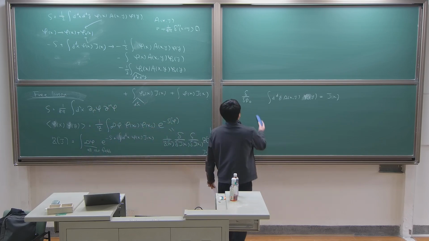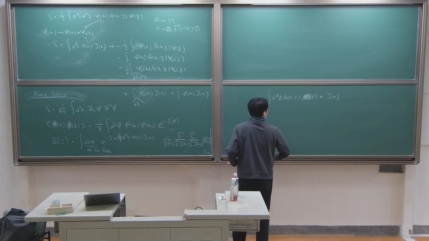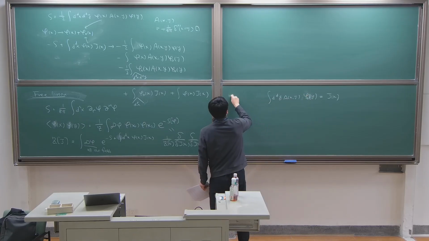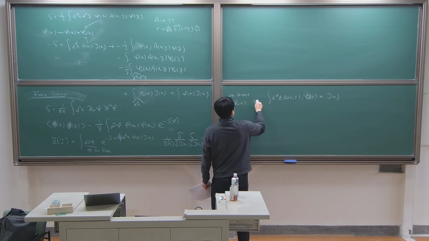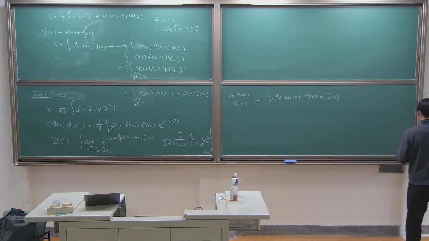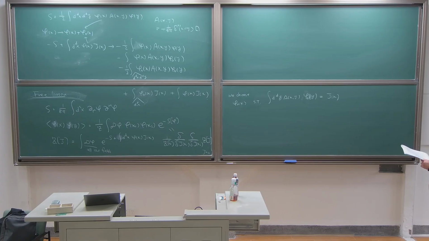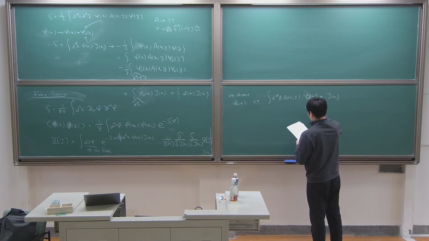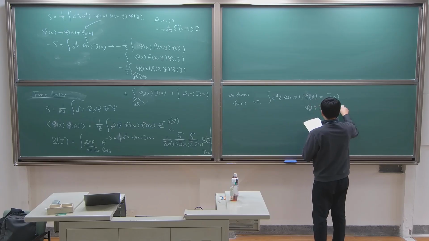Phi 0 can be arbitrary, but we choose phi 0 of x such that it satisfies this equation. So we can just take such a shift. That's also fine. Then if you solve this, phi 0 of y is equal to integral dy.